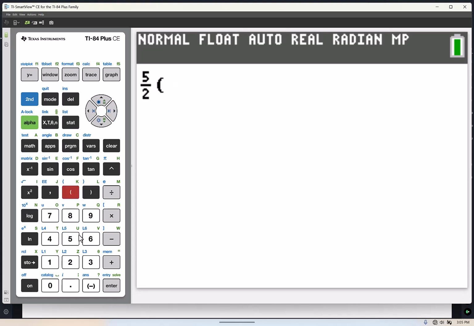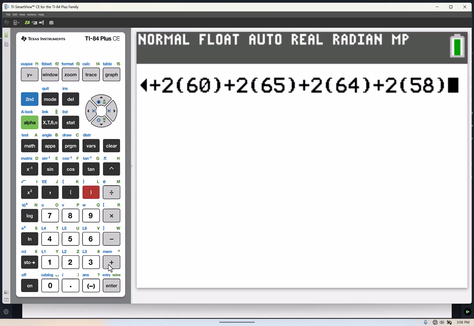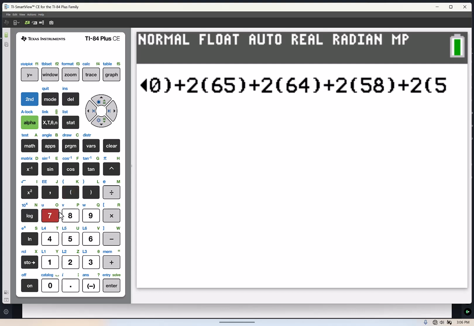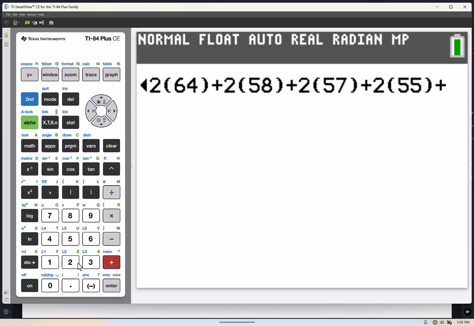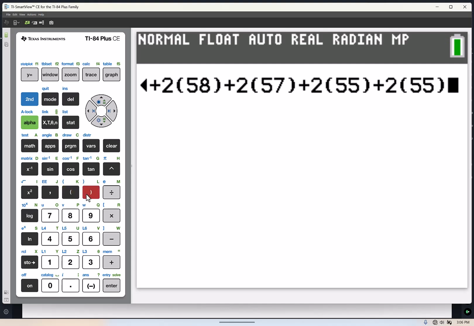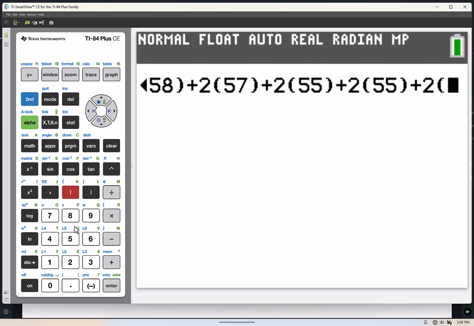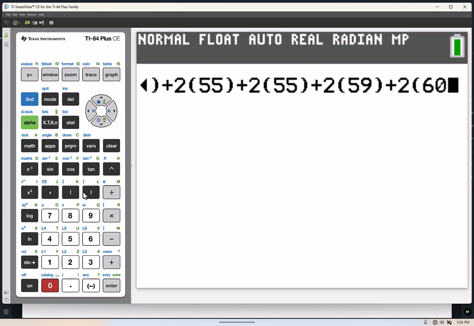What was the first one? 58 plus 2 times 60 plus 2 times 65 plus 2 times 64 plus 2 times 58 plus 2 times ... plus, is it another 2? 2 times another 55? 55 plus 2 times 59 plus 2 times 60.